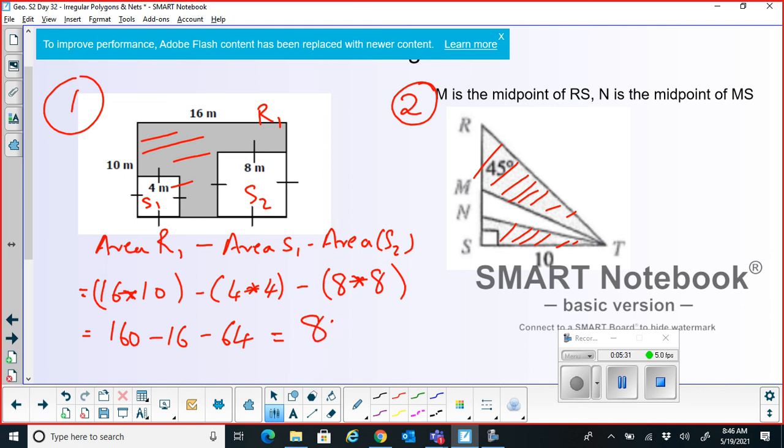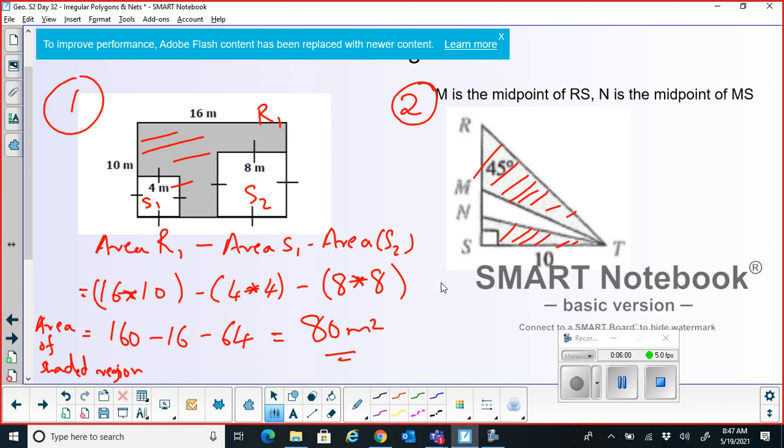And the unit that was there was meter, and this is the area of the shaded region, which is nothing but 80 square meters. Okay, let's try the next one.